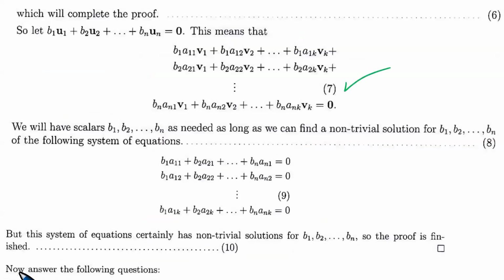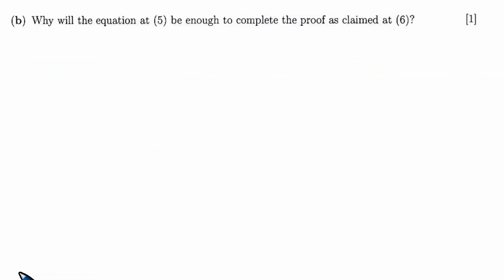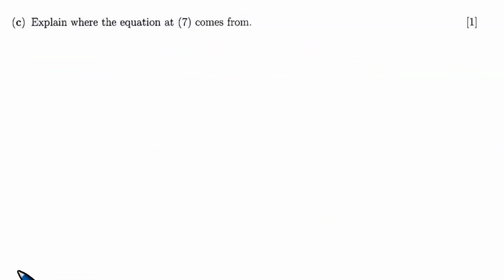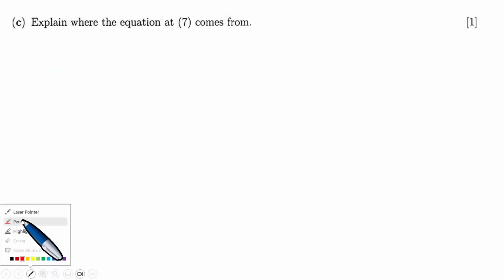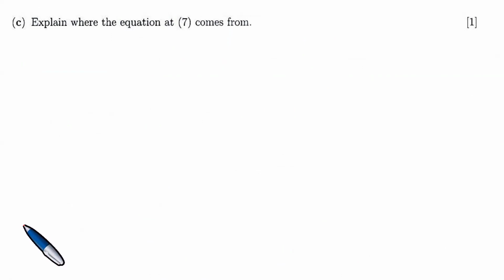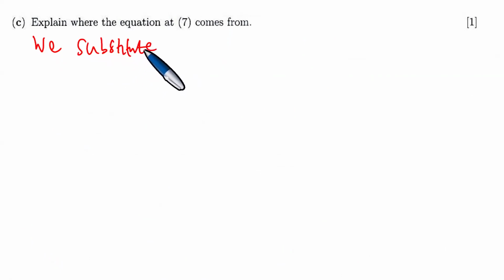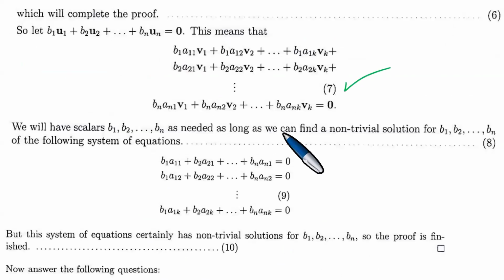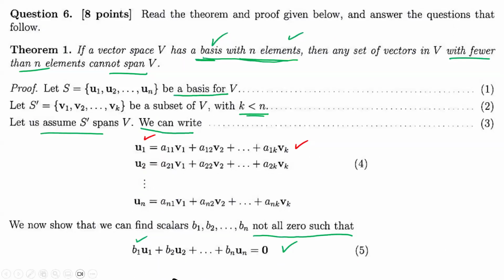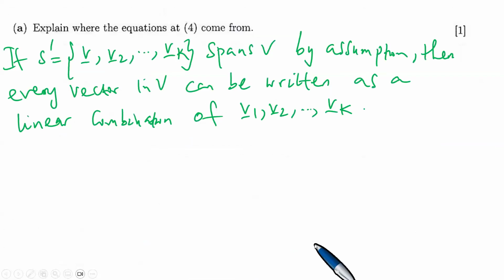So we are able to say that we substitute U1, U2 up to UN into equation 5. We substitute this U1 into there, U2 into that.